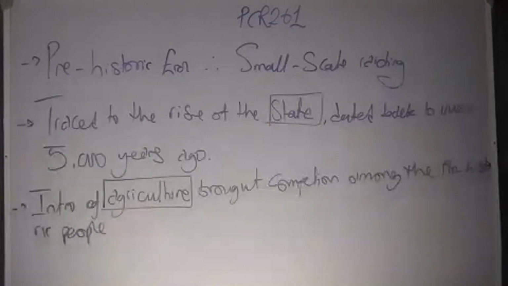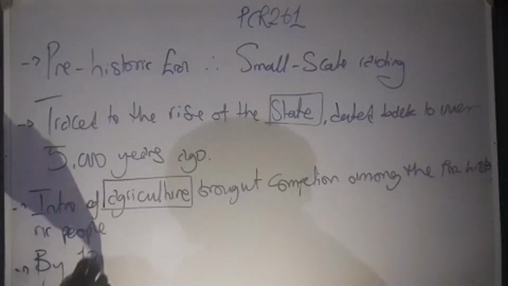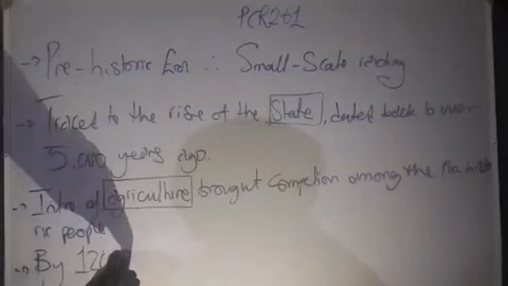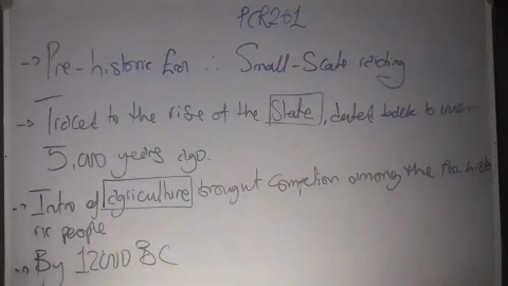And over time, the back and forth kept on happening, and by 12,000 BC, dispute technologies had been invented.